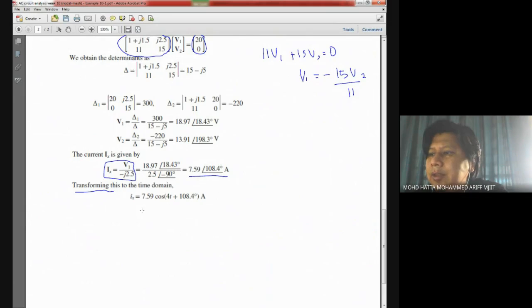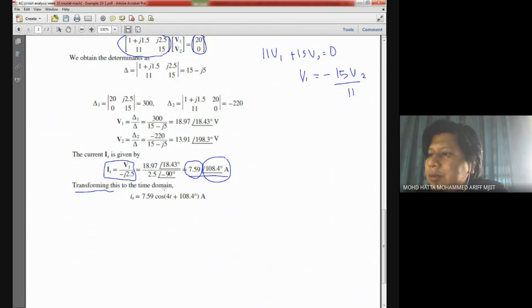In time domain, you should take this value as its amplitude, and also this value as the current phase angle.